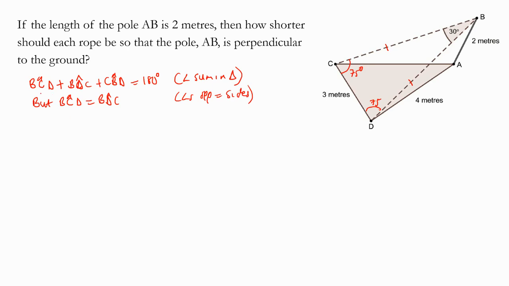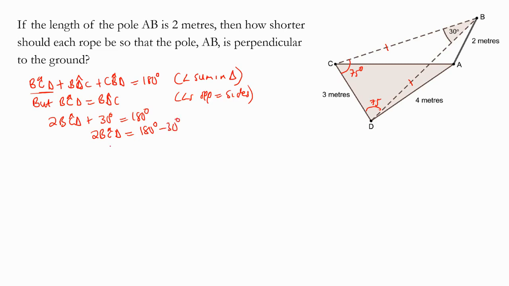Right, so meaning that we can have 2 times BCD here. So you can say 2BCD plus CBD, which is 30 degrees, is equal to 180 degrees. And then 2 times BCD is equal to 180 degrees minus 30 degrees.